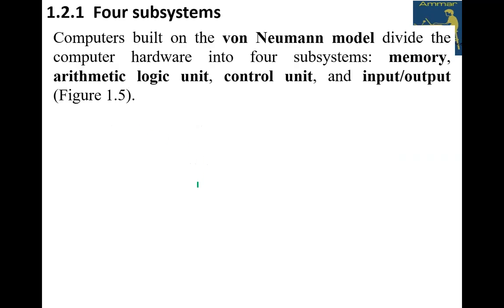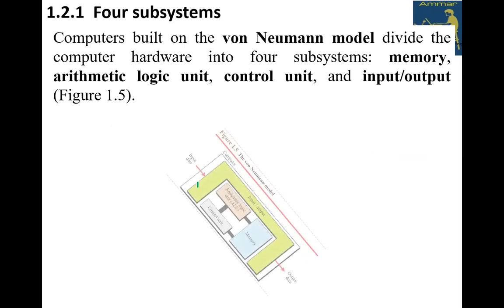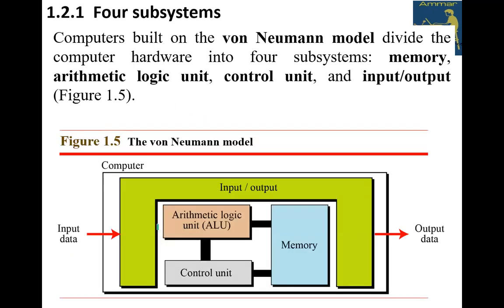وعلى هذا الاساس حكى لي انه الكمبيوتر بفان نيومان consists of 4 hardware or subsystems. The first one is called memory. Okay? And we represent it here.